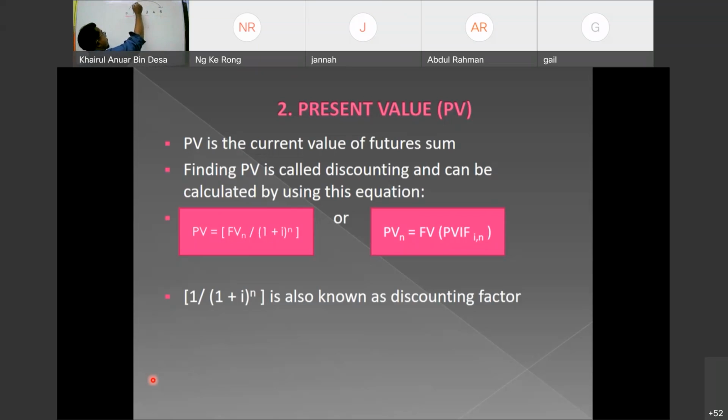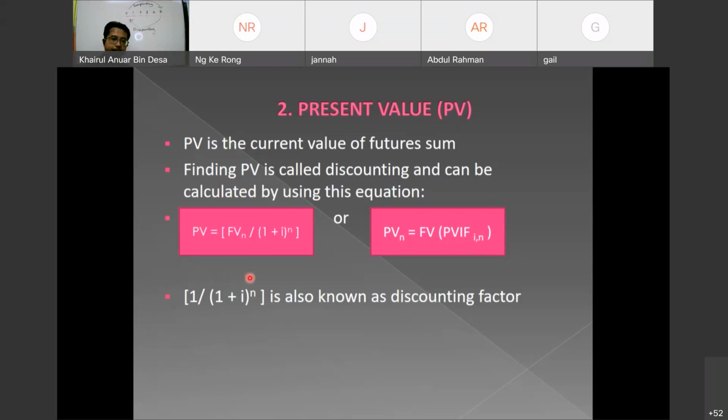Kita panggil dia compounding. Here to here we call it discounting.